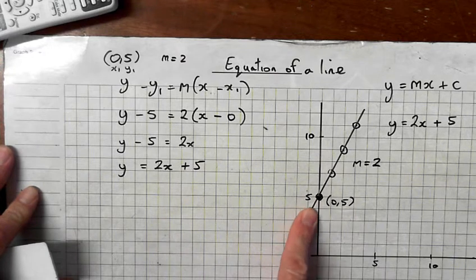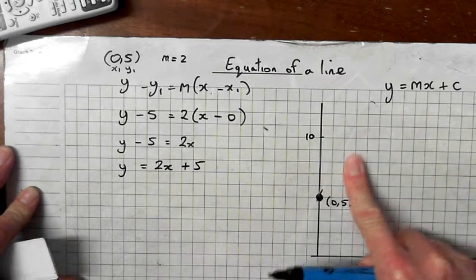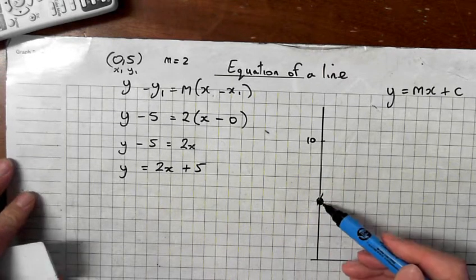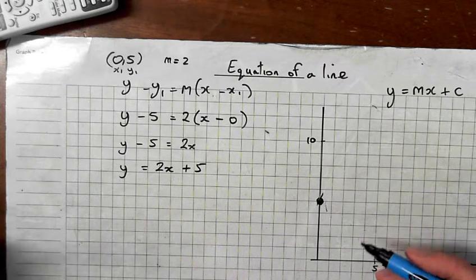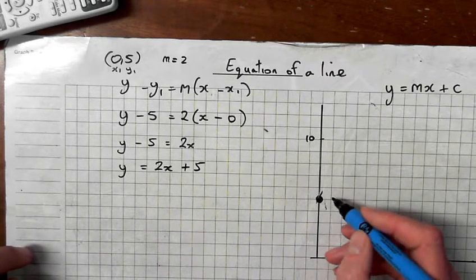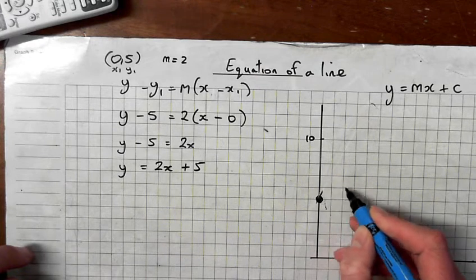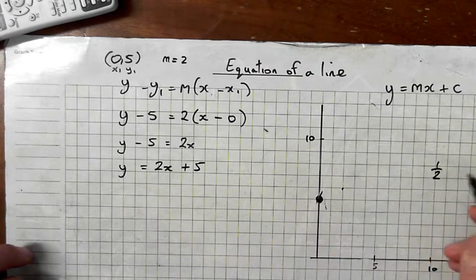So we'll try another one. Let's say I use the same point, 0, 5, and a different slope. A slope of a half. And what does the slope of a half mean? 1 over 2.